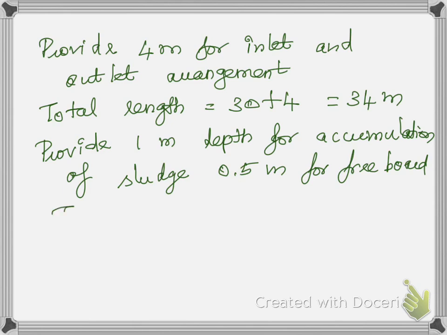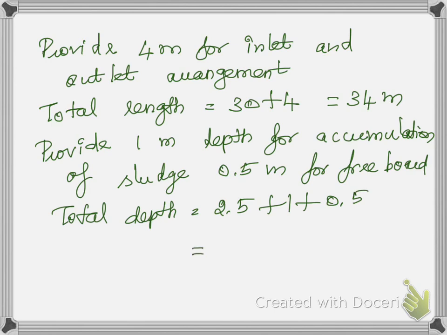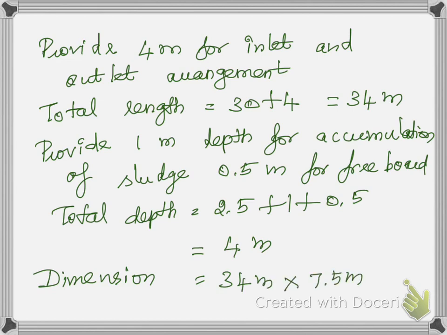So my total depth will be 2.5 meter calculated, 1 meter for accumulation of sludge and 0.5 meter for freeboard, so depth will be 4 meter. Now the dimensions of my rectangular tank are: length 34 meter, breadth 7.5 meter, and depth 4 meter.